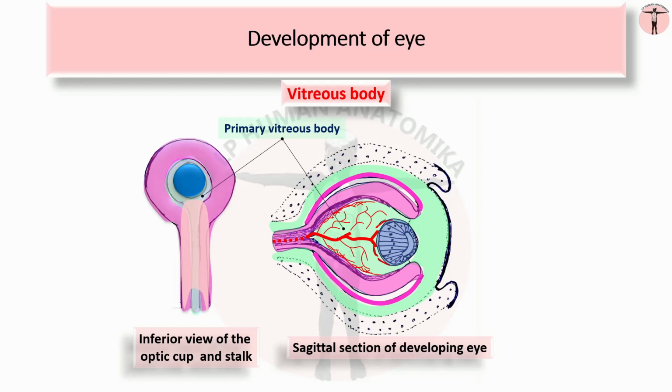The primary vitreous body loses its vasculature and cells, transforms itself into an acellular gel known as the secondary vitreous body. The hyaloid artery regresses and forms a vestigial structure which remains in the adult eye as the hyaloid canal.